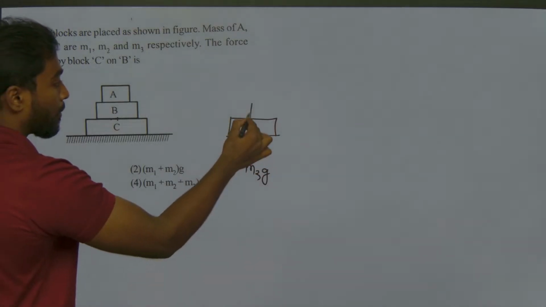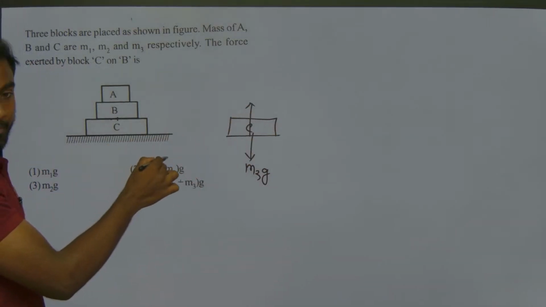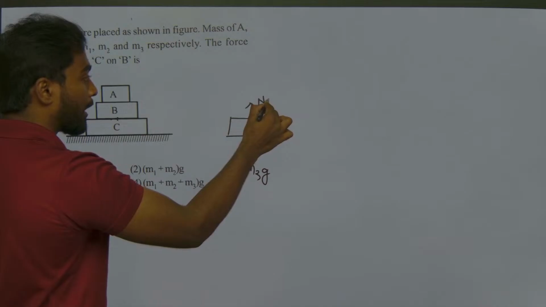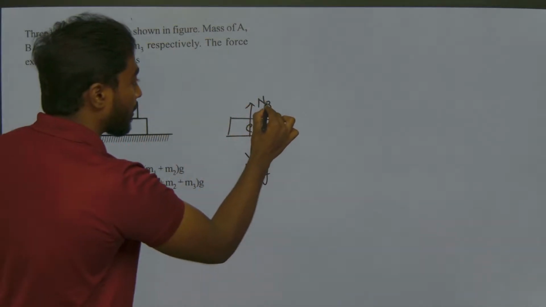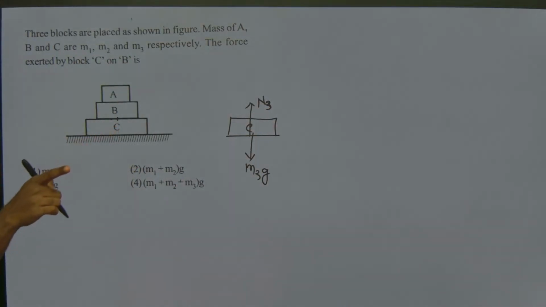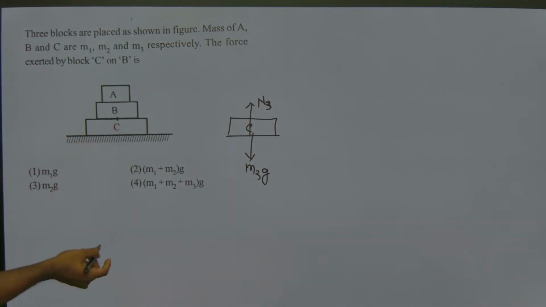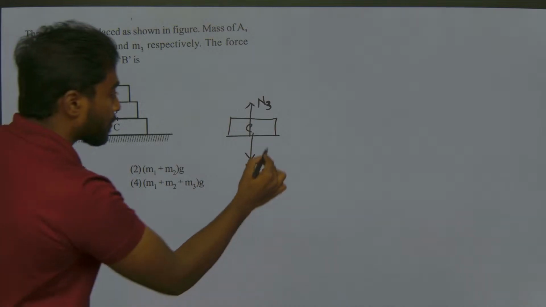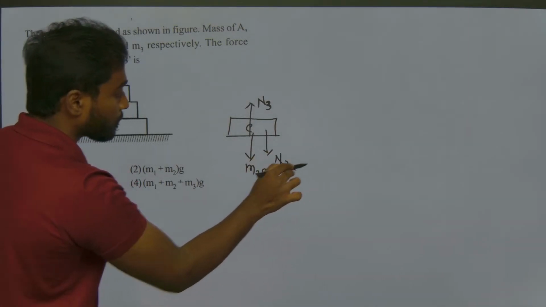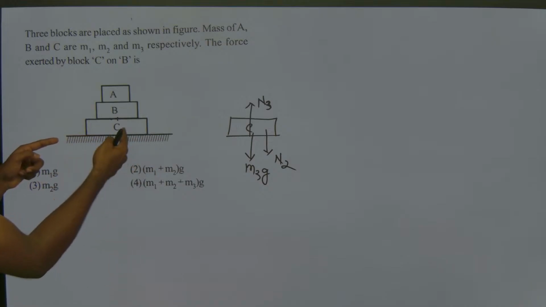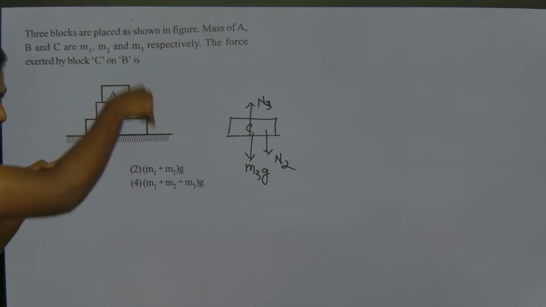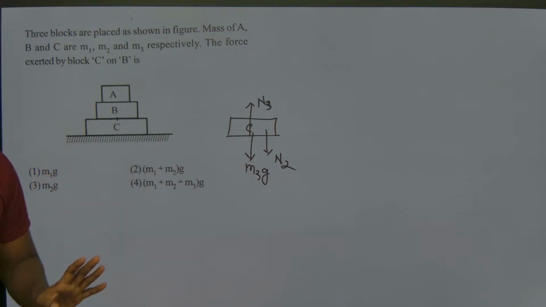One will be my normal force due to the surface, n3 I will take. One more normal force will be there, which is by block B towards down, so n2. I have taken due to the surface one normal force, due to this block one normal force, and the weight towards down.